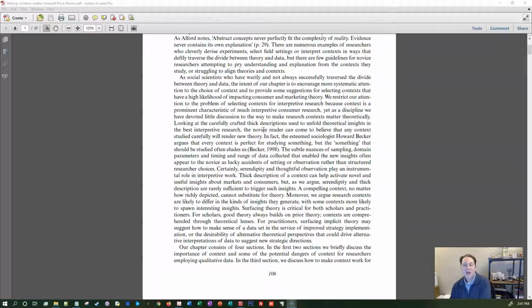And one of the siren calls of qualitative research is having a really great story to tell that can illustrate everything that you learned in a way that your audience can understand without having to show them reams and reams of data.